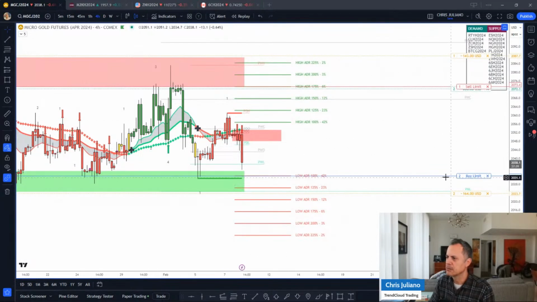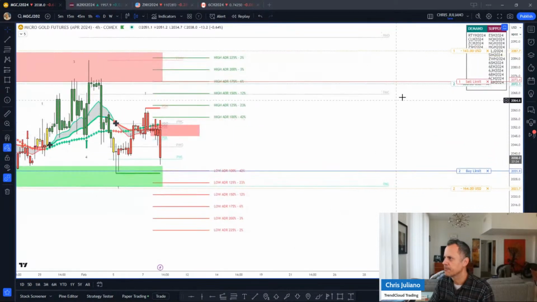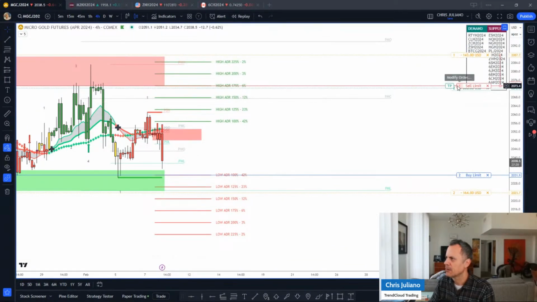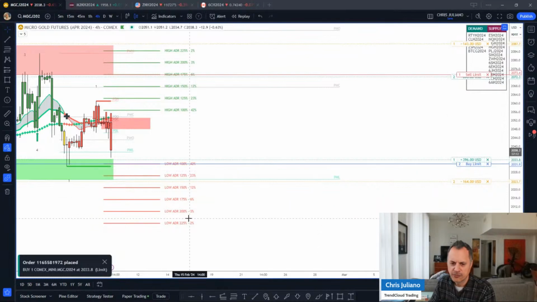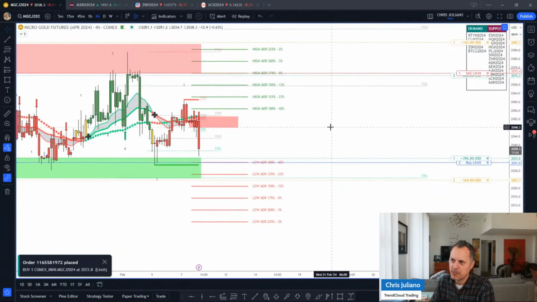It comes down, we hit our buy entry, goes all the way back up to here, hits our target, $808, automatically gets in short, stop loss is here, all the way back down for another $400, right? So we could actually leave this alone and just let it work itself out.